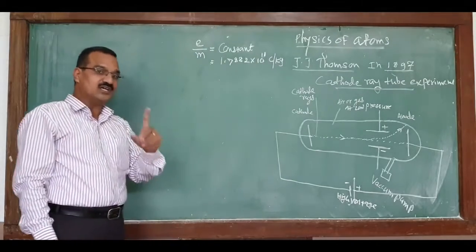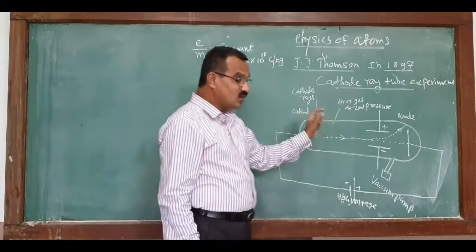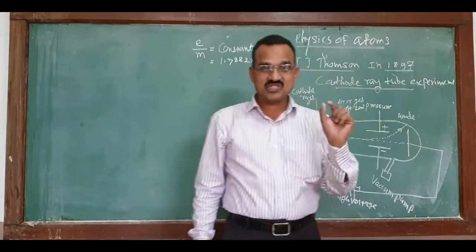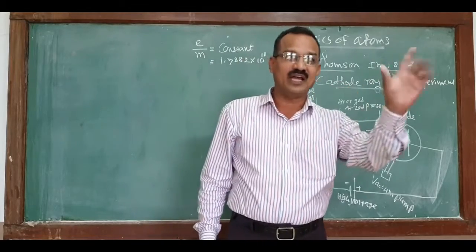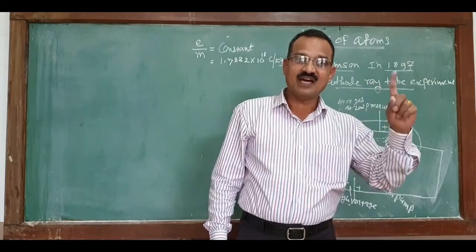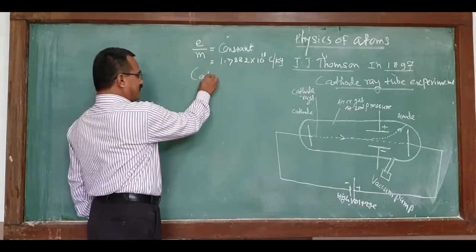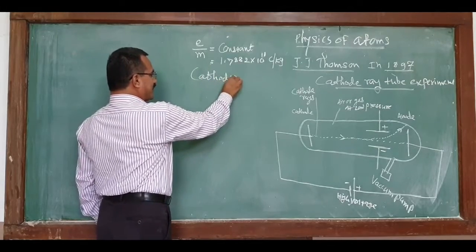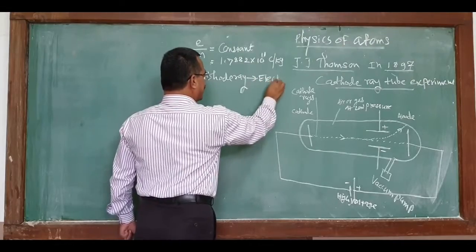And therefore he concluded that cathode rays are the constituent of the atoms of each and every element, and were named electrons.